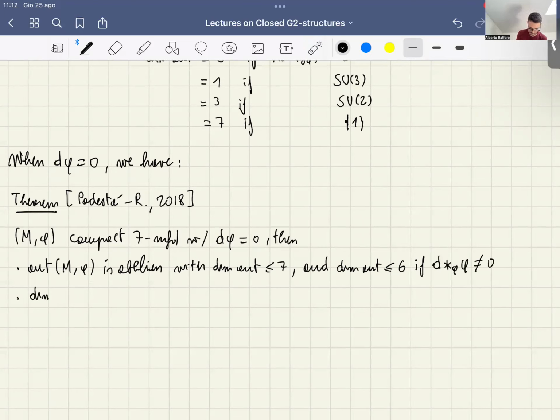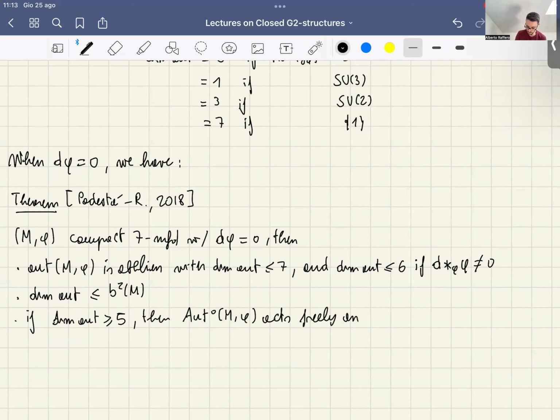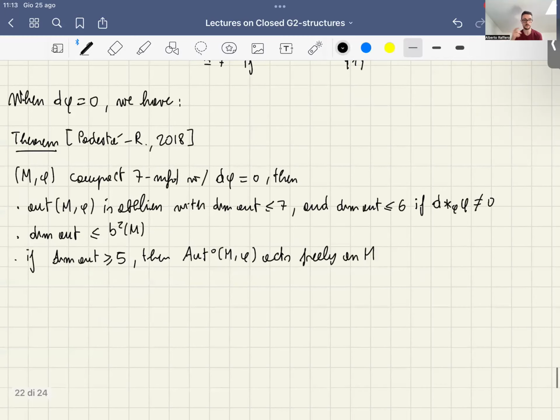Moreover, the dimension of the algebra of the automorphism group is also bounded above by the second Betti number of the manifold. If furthermore the dimension is greater than or equal to 5, then the identity component of the automorphism group acts freely on the compact manifold, preserving the 3-form phi.